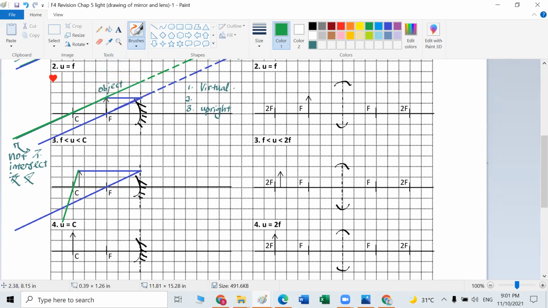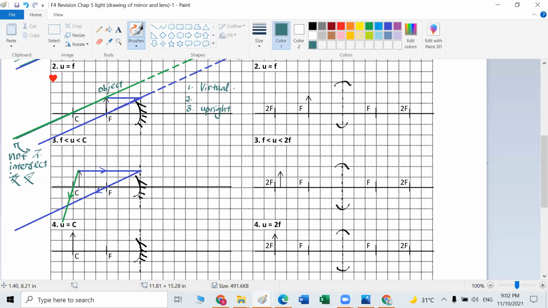Oh, I forgot to put arrow. Arrow is the light come from the tip, pass through focus. Then the lights from center, from the tip pass through the center. KFC. Okay, then no need extrapolate.